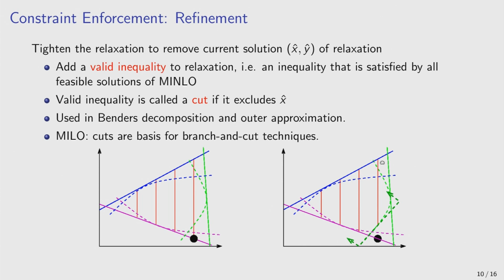So for example, we can add a valid inequality to the relaxation. So here we have a relaxation, a polyhedral relaxation. So this will be an MILO, a Milo relaxation of my nonlinear problem. I've forgotten, there's an integer here too that I forgot, so that should be written there as well.